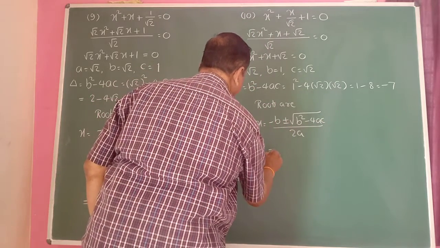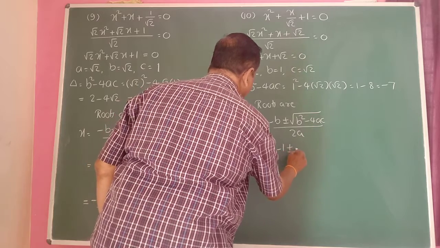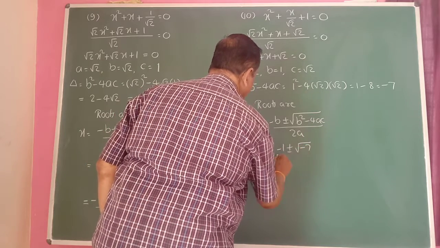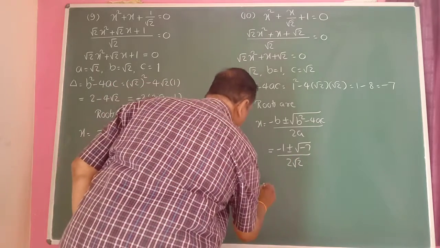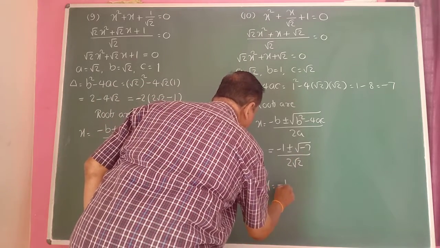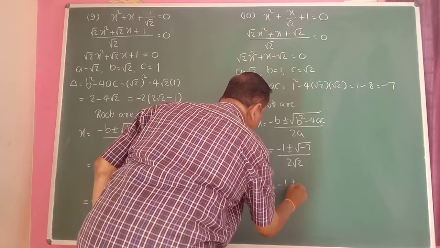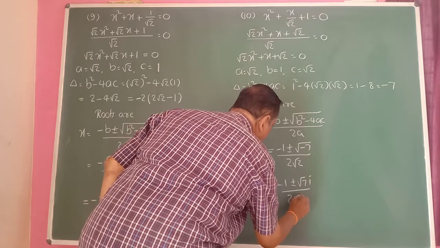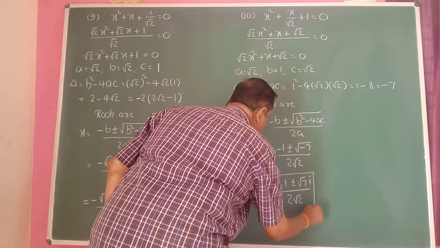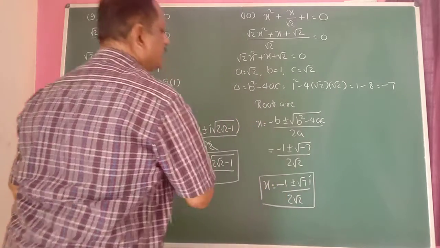Therefore, this is equal to minus of 1 plus or minus root of minus 7 divided by 2 into root 2. Therefore, x is equal to minus of 1 plus or minus root 7i divided by 2 root 2. These are the roots of the quadratic equation.